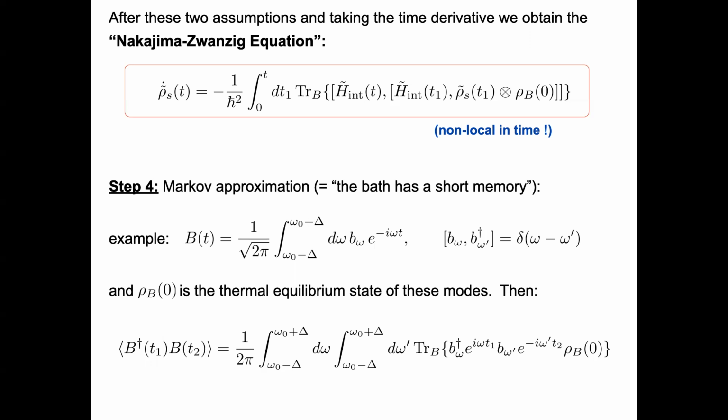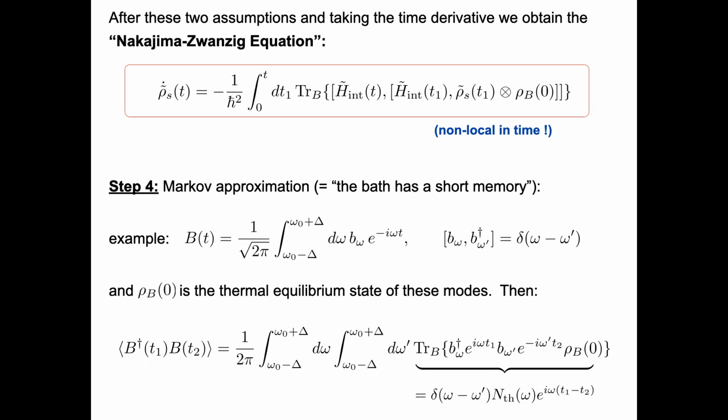If you destroy one photon at frequency omega prime and then create another one at omega, then this expectation value will give you 0, because you have a density operator that is diagonal. So the only point where this can make a non-zero contribution is if omega prime and omega are the same. So you get something proportional to a delta function, and the expectation value is given by the thermal equilibrium number.